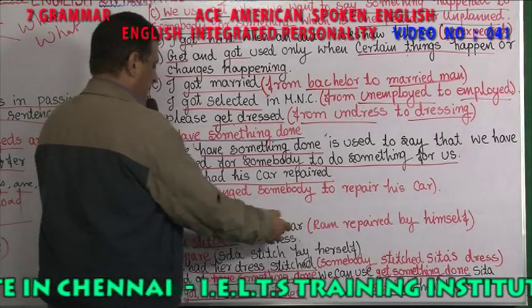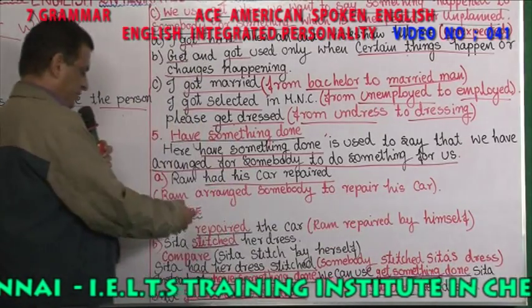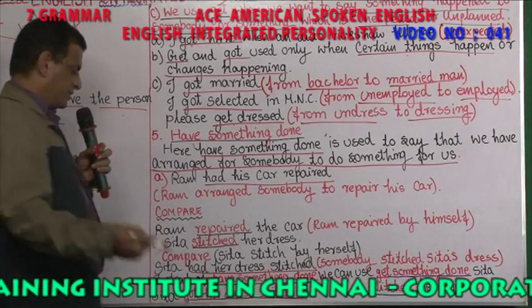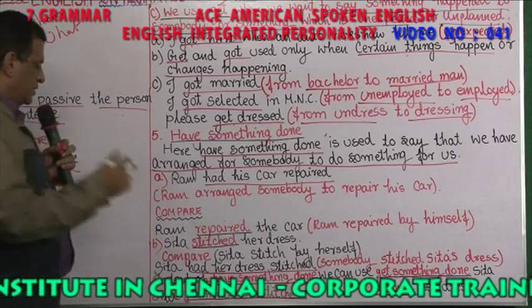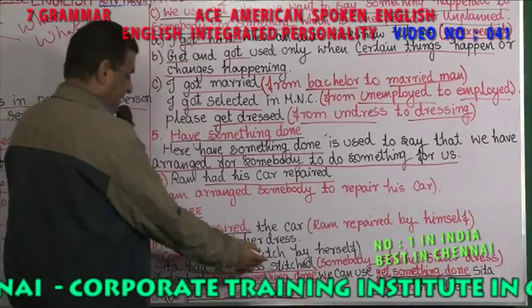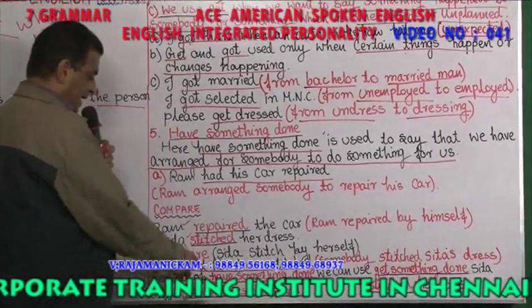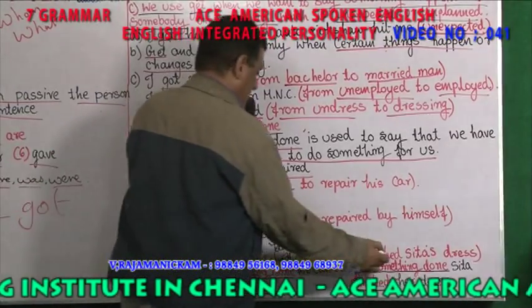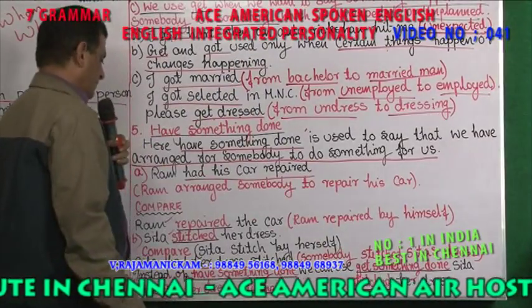See, Ram repaired the car. Ram repaired it by himself. Sita stitched her dress. You able to understand? This is only Ram doing, Sita doing. Suppose Sita says, Sita had a dress stitched, it means she gave the dress to somebody. Somebody stitched Sita's dress.